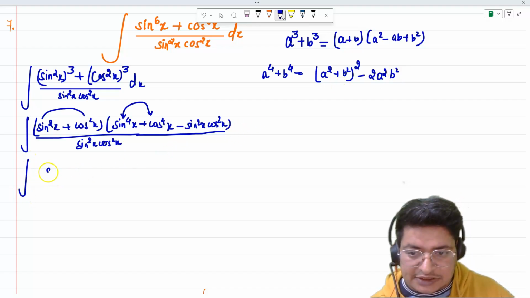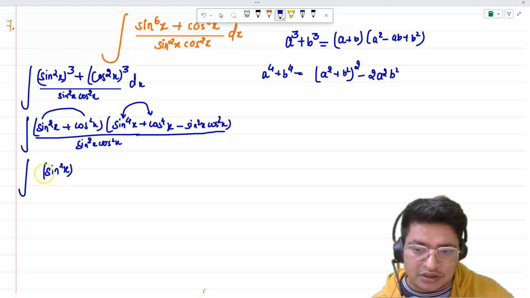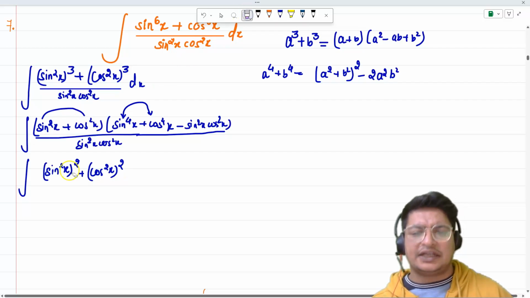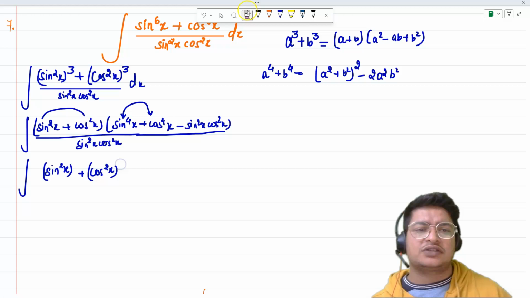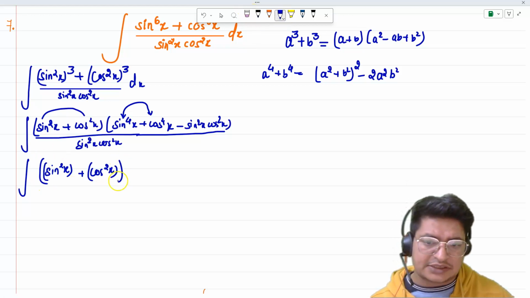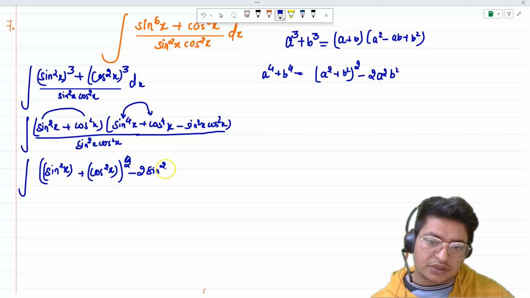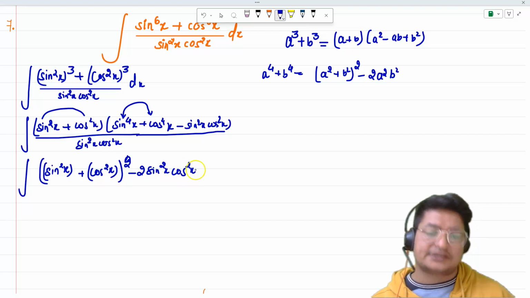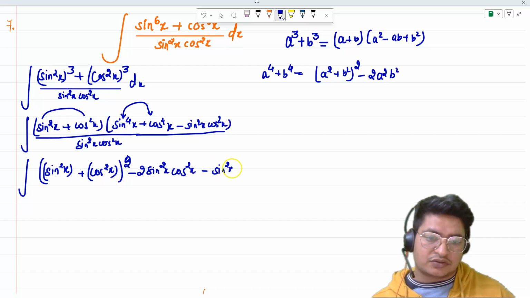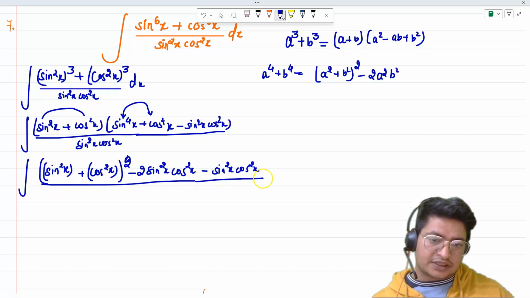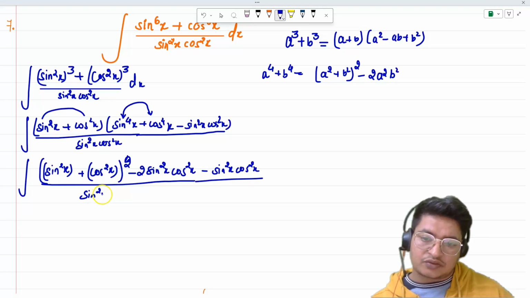So you will get the integrand as (sin^2 x + cos^2 x)^2 - 2 sin^2 x cos^2 x - sin^2 x cos^2 x, and the denominator you will write as sin^2 x cos^2 x.